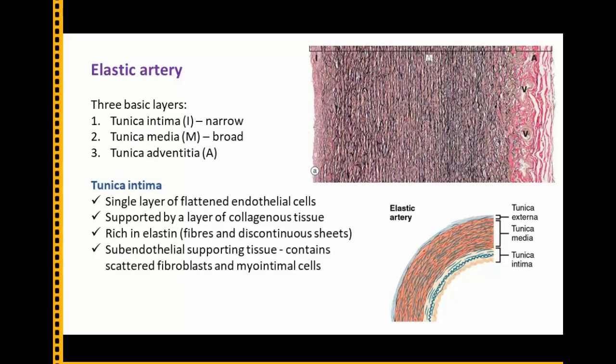Here, it has a single layer of flattened endothelial cells, supported by a collagenous tissue layer, again rich in elastin. They are in a discontinuous sheet form and also in fiber form. This subendothelial supporting tissue contains myointimal cells and fibroblasts.